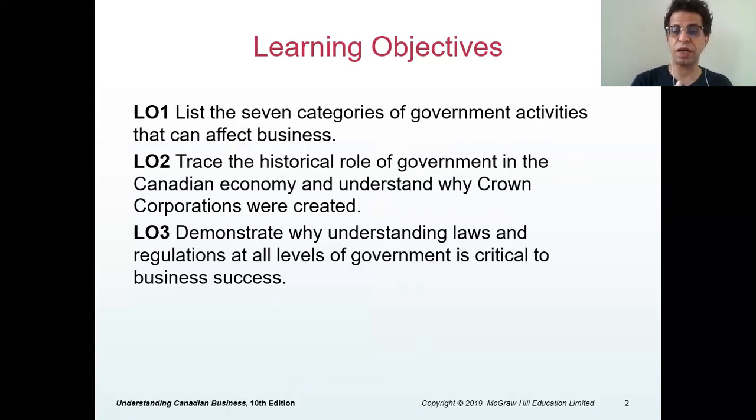We're also going to trace the historical role of the government in the Canadian economy and understand why the crown corporations owned by government were created. We will demonstrate why understanding the laws and regulations at all levels of government is critical to business success.